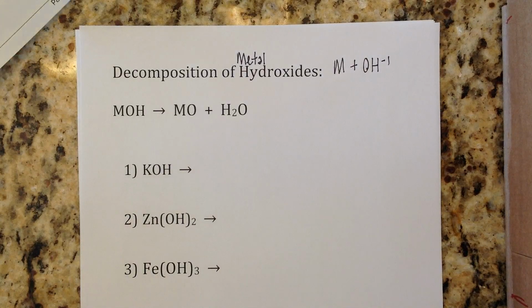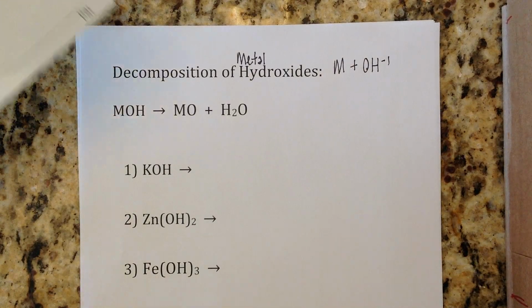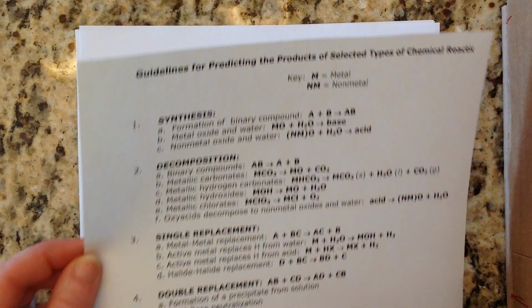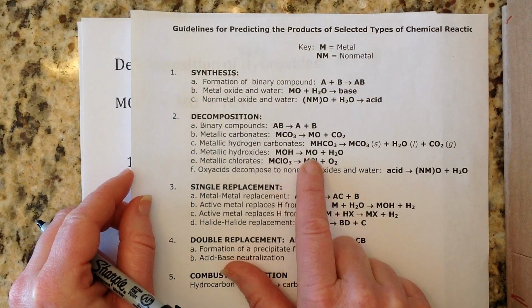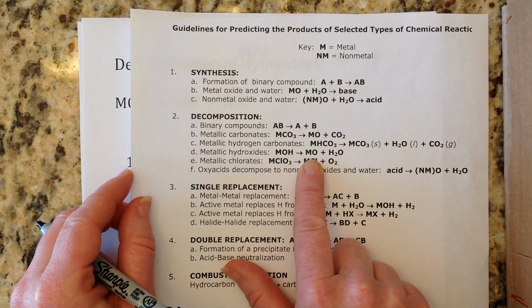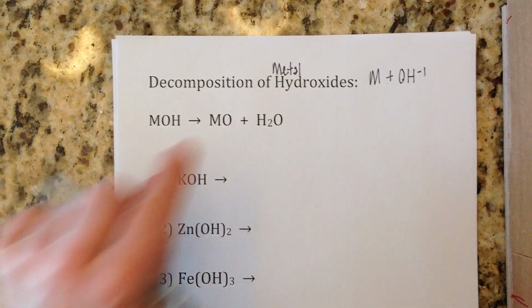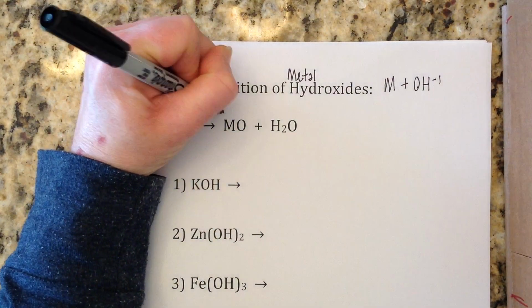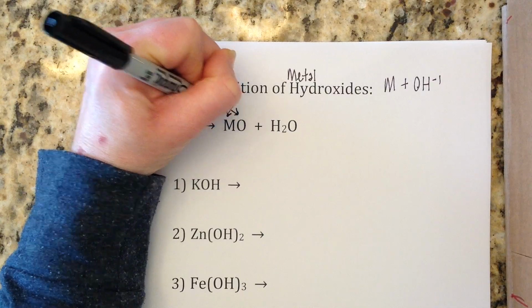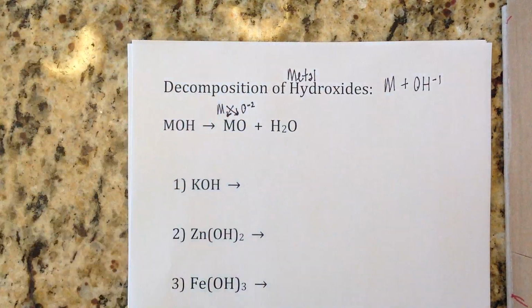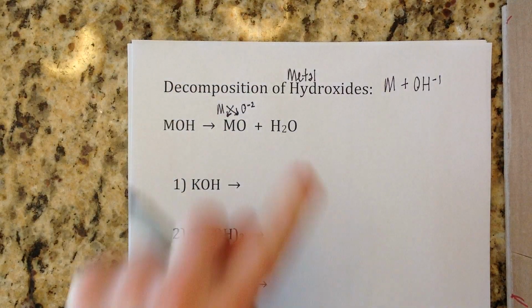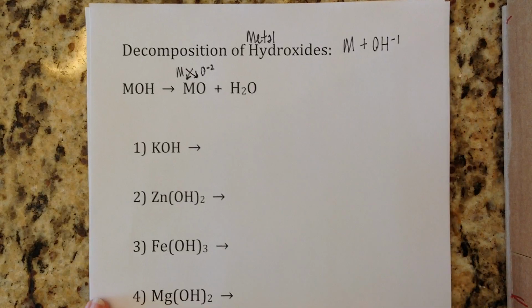And what the packet tells us to do on the decomposition of a metal hydroxide is crisscross the metal with oxygen and add water. So whatever that metal is, we're going to crisscross it with oxygen, which you know has a -2 charge, and add water.